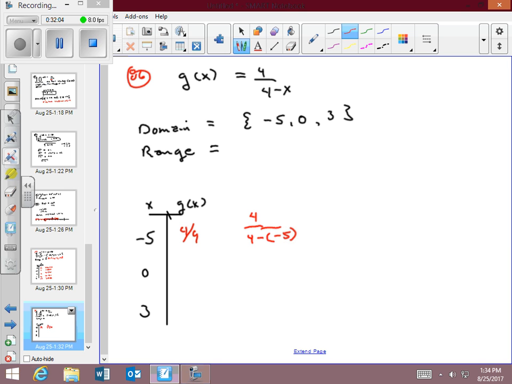So then take your function 4 over 4 minus 0, which ends up with 4 over 4, which is 1. Then do 4 over 4 minus 3, and that's 4 over 1, which is 4. Any question about that? So now our range values is the set 4 ninths, 1, and 4. That's how you do those problems.